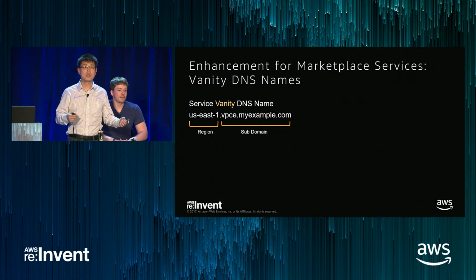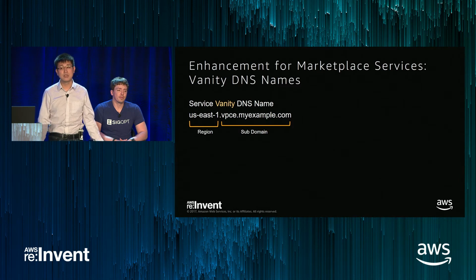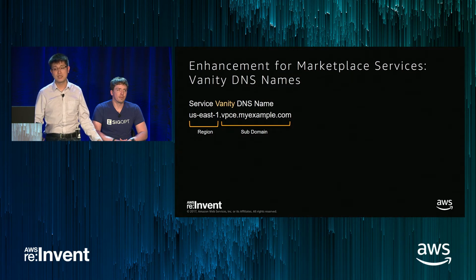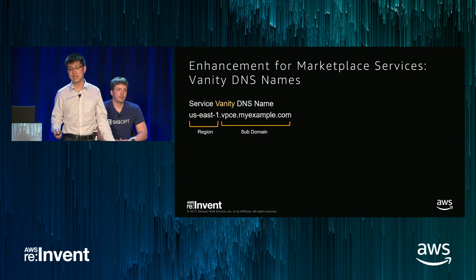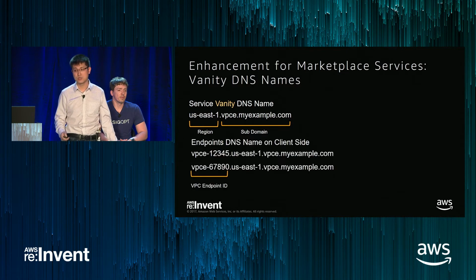Because now you onboard to Marketplace, we know you, and we can validate that you own that particular DNS domain. We can override the base DNS to be the DNS you choose. In this case, it's vpce.myexample.com. And it's optional to put a region there just for your future scalability in case you expand to different regions.